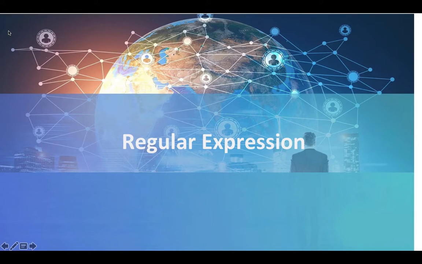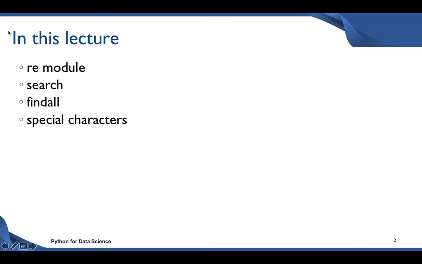Okay, so in this module, we will look upon the RE module. In this module, we have two methods, that is search and findall, right? Then we will look upon the special characters, how to handle your regular expression using these special characters.